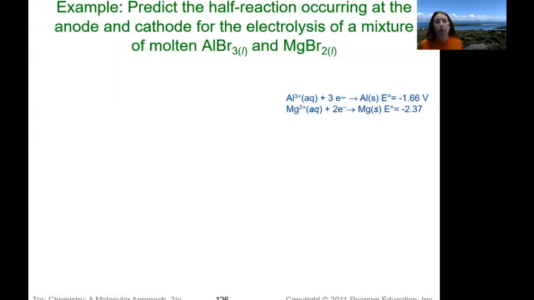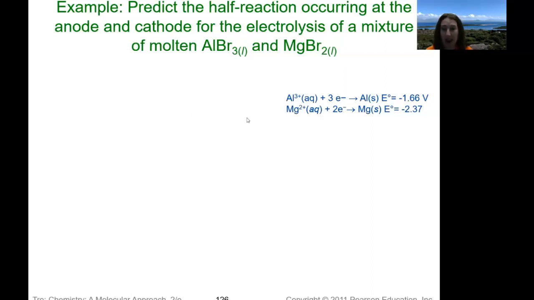So when you have more than one cation present, the cation that's the easiest to reduce, or closer to the top, or least negative, or most positive, higher on the table, that's going to be the one that is reduced. Okay, so now let's look. We have a half reaction where we have aluminum, magnesium, and bromine.